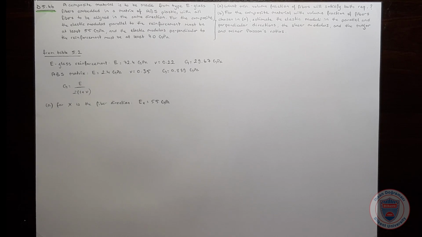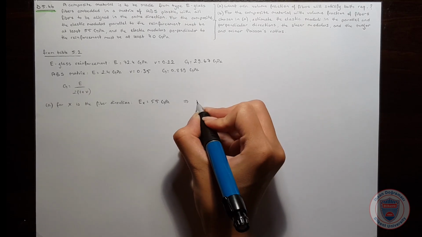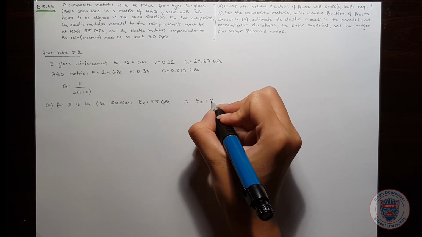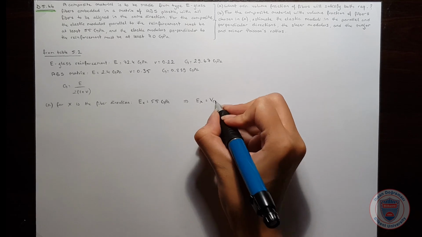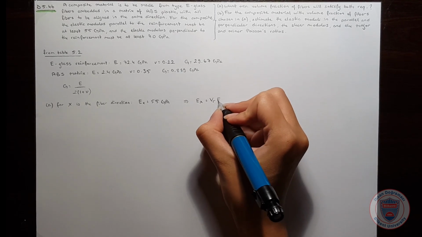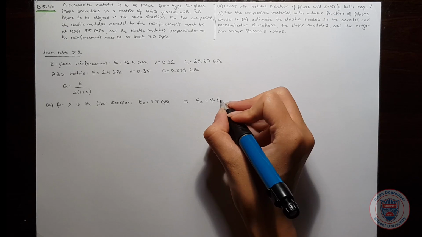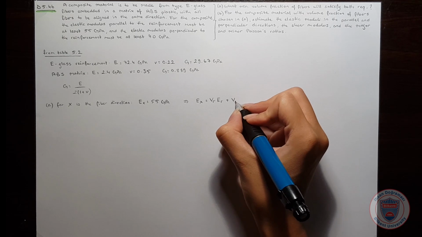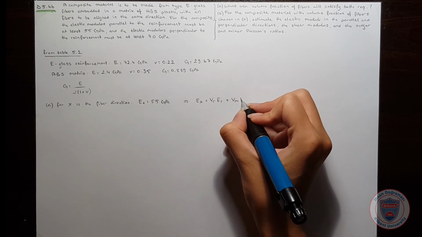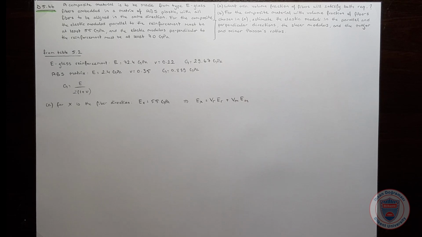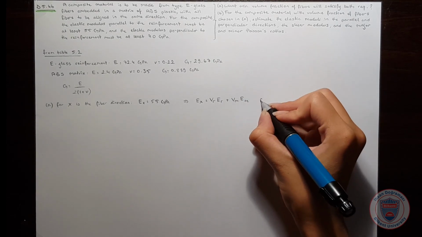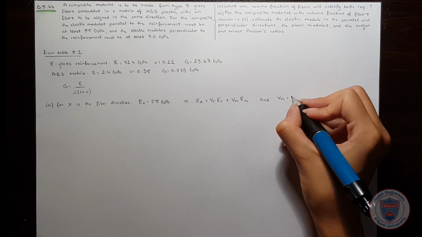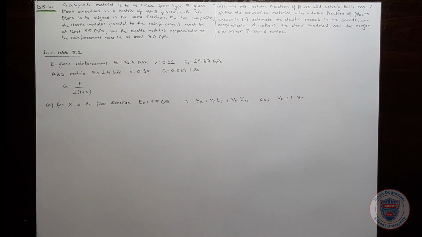And we know that EX is equal to volume fraction of reinforcement times E for reinforcement plus volume fraction for matrix times Young's modulus for matrix. And we also know that volume fraction for matrix is equal to 1 minus volume fraction for the reinforcement.